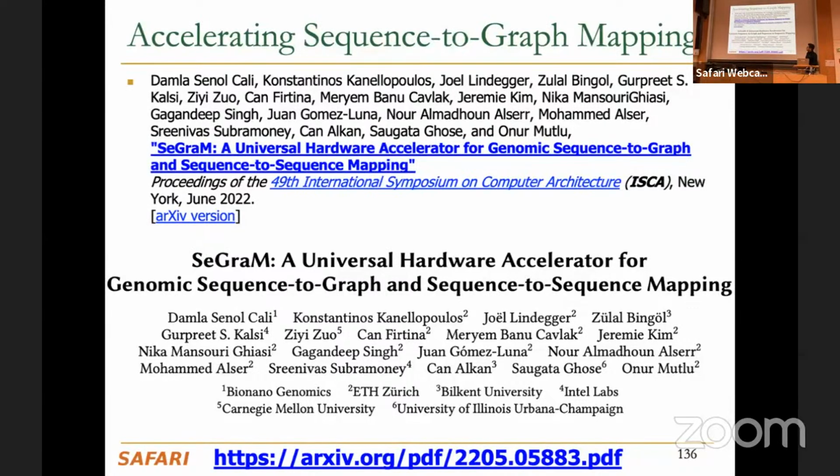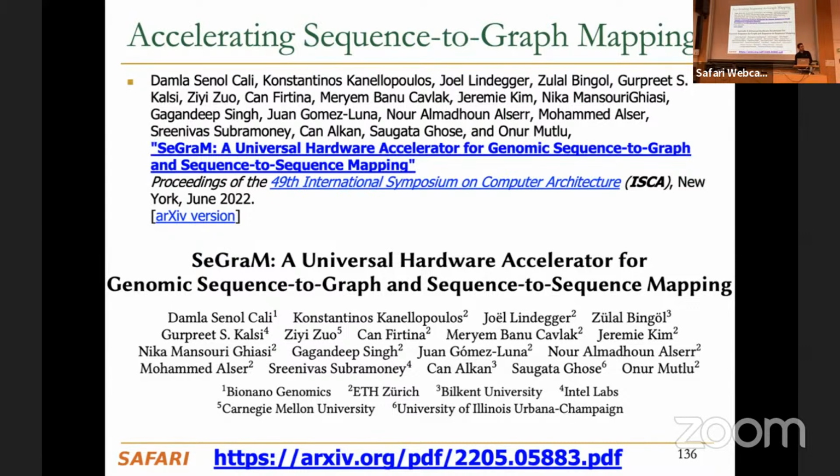The next work that I'll cover is Sgram. This is mainly built on Genome, but it looks at the read mapping problem from a different perspective by focusing on sequence-to-graph mapping.